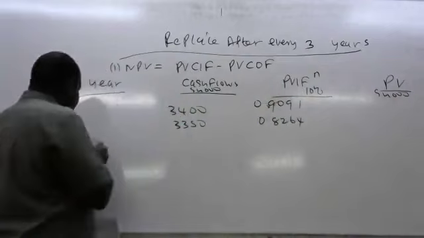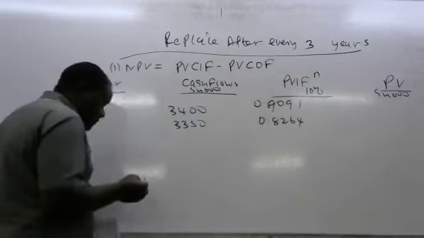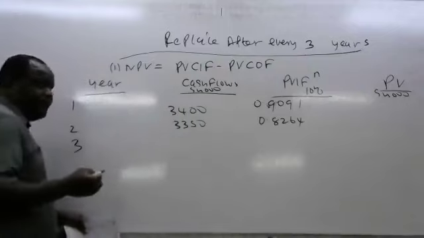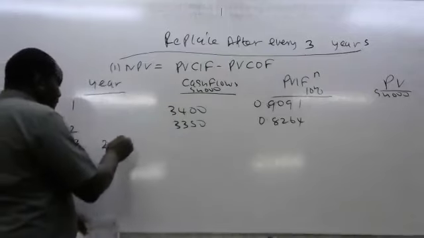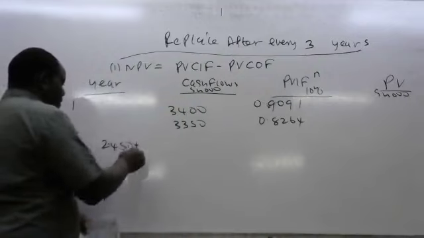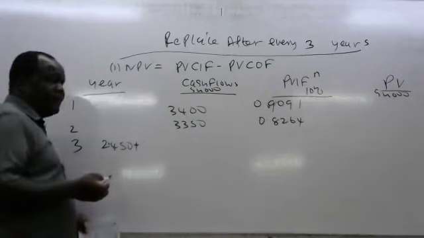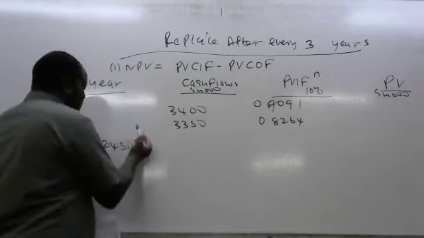So when it comes to year 3, cash flows for year 3 were how much? 2450. Then you remember the resale value of a 3-year-old machine. It is given as 1 million.